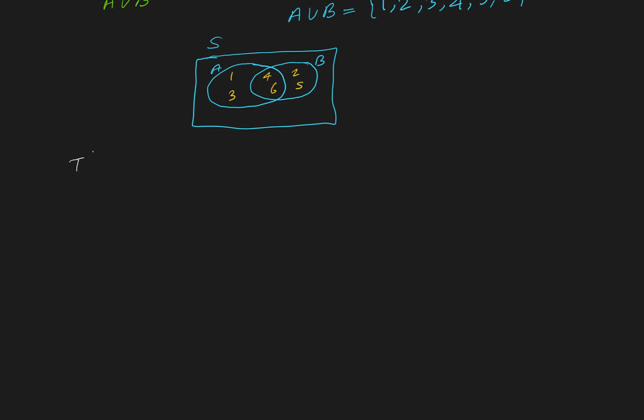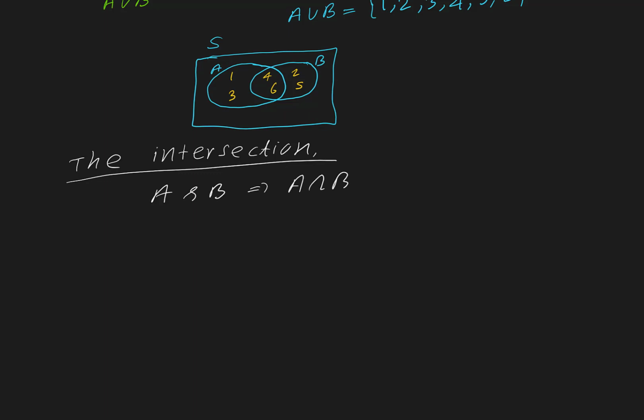Then the intersection. The intersection of A and B we denote by A intersection B. We use this notation, or sometimes we use AB.